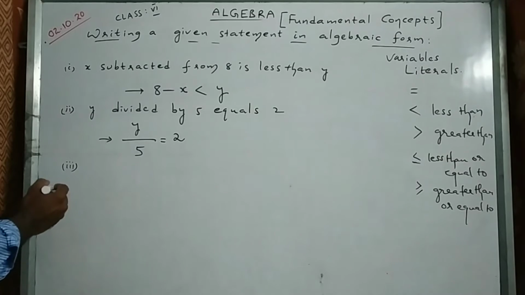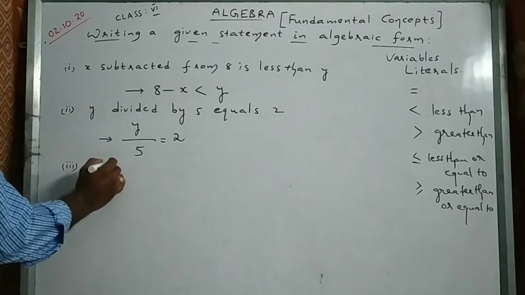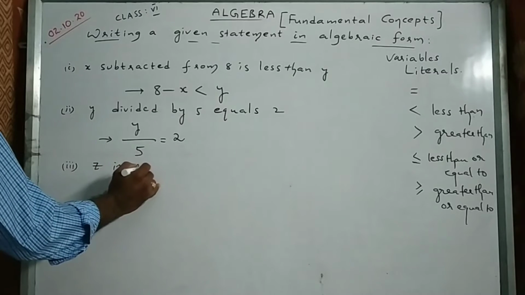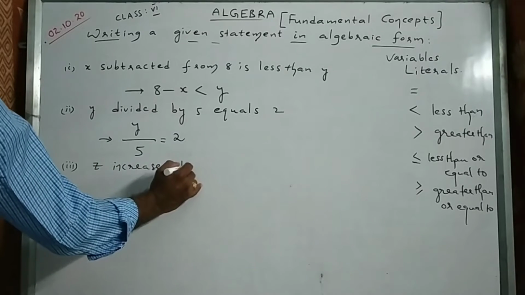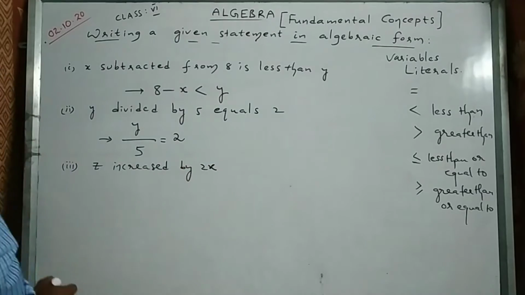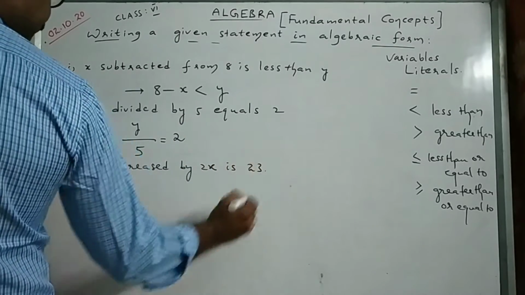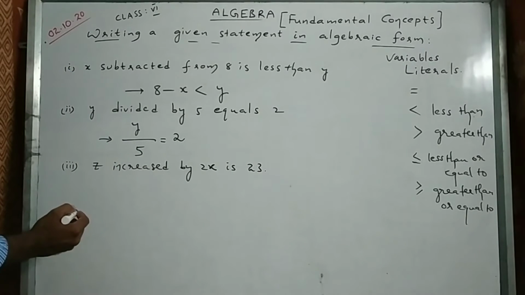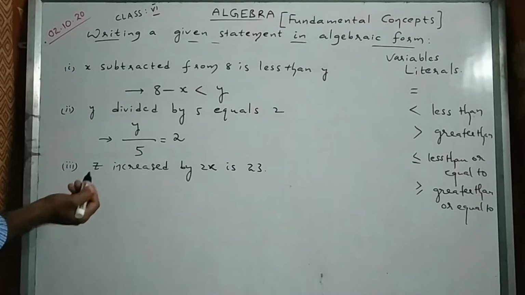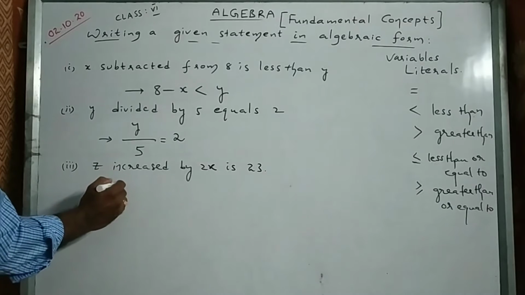Z increased by 2x is 23. Increased means here we say addition. Increased or more than, that is called addition.